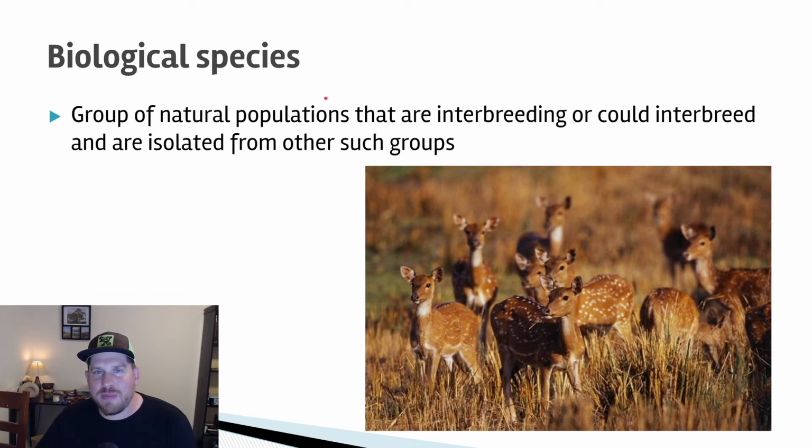Meaning you don't want to have big, vast oceans between different members of the same species, because they're not going to be able to breed together. They need a nice, easy way to hook up. And if they are isolated from other groups, then odds are we will have a new species potentially come about. And we'll talk more about that in our next unit.